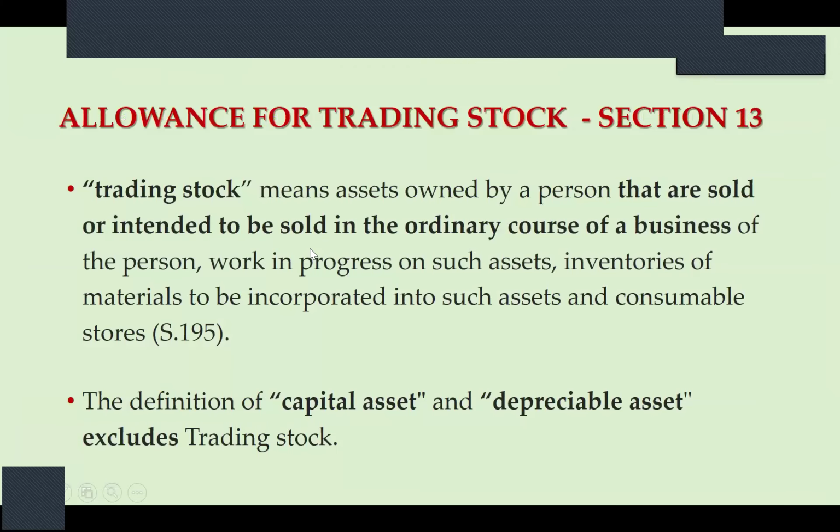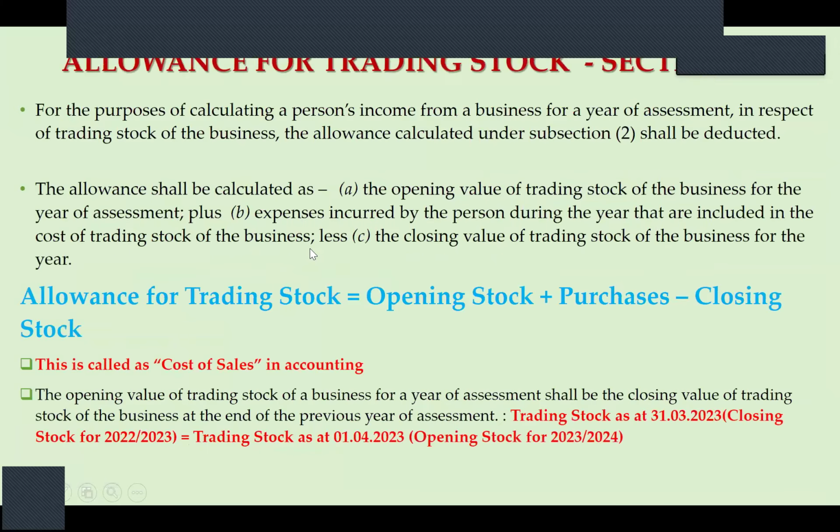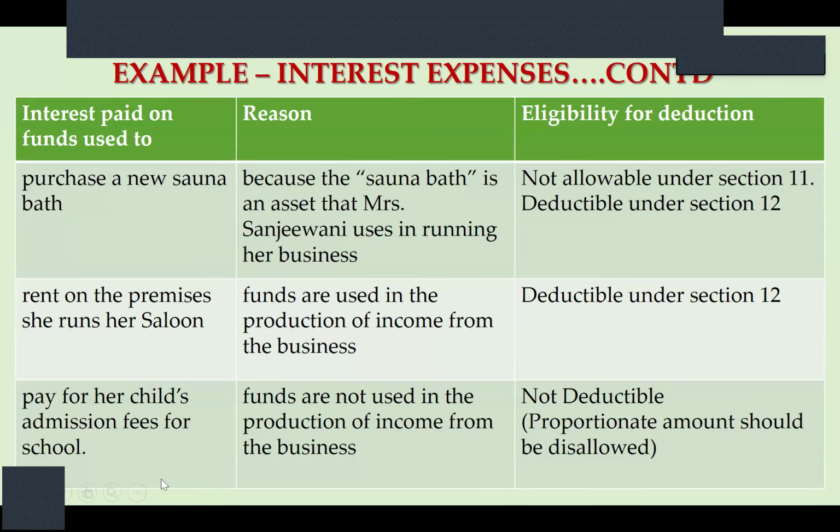So rent on premises, that funds also used for the payment of the rent of her business place. Therefore it is deductible under section 12. That means she used that borrowed fund for the business purpose, payment of the rent and to purchase an asset. So both amounts can be deducted as a proportionate amount can be deducted under section 12.